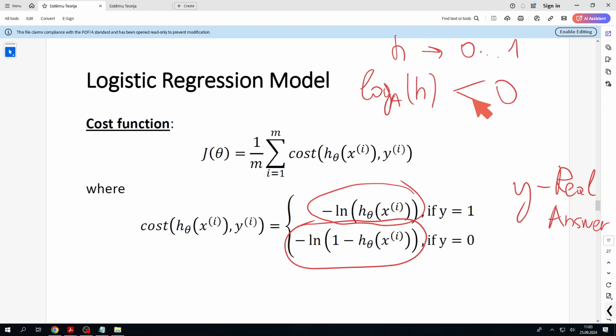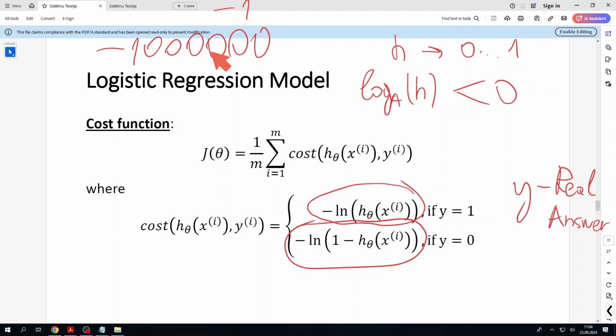We don't want our cost function to be negative, because having minus this number is much better than having minus 1, yes? Because this is a smaller number, so the algorithm will think, okay, my cost function can be reduced up to minus infinity. That will be the perfect solution, which is not true, yes?